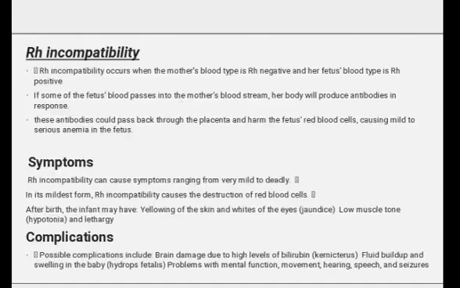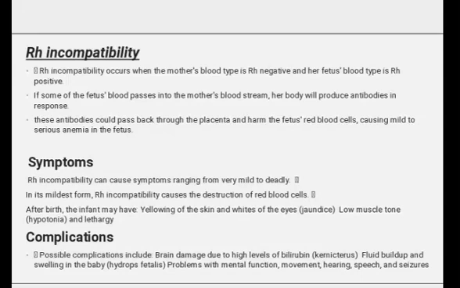Then Rh incompatibility. Rh incompatibility occurs when the mother's blood type is Rh negative and her fetus's blood type is Rh positive. When these two blood groups are mixed with each other, there will be initiation of a reaction. If some of the fetus's blood passes into the mother's bloodstream, her body will produce antibodies in response to the blood of the fetus.